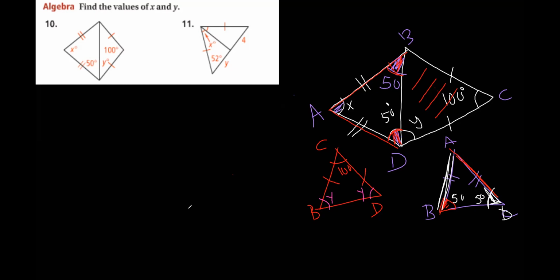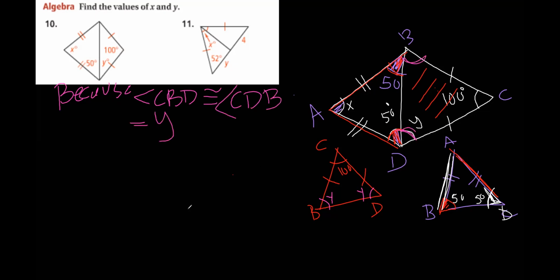Because of the definition of the isosceles triangle, angle CBD is congruent with angle CDB. I want to speak quickly because there is only 1 minute left. This angle and this angle are congruent.